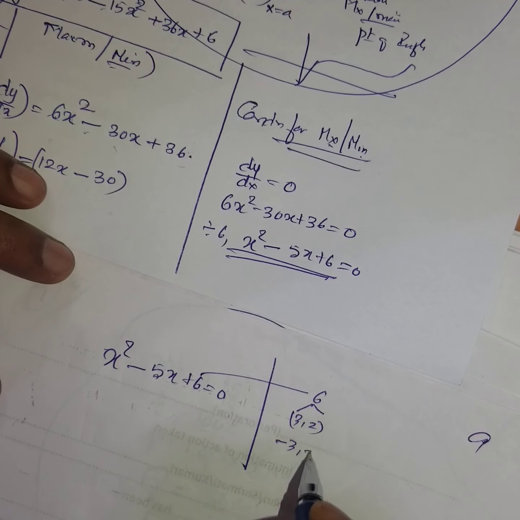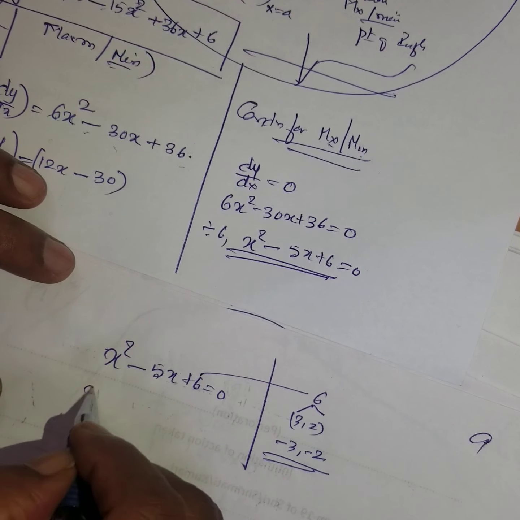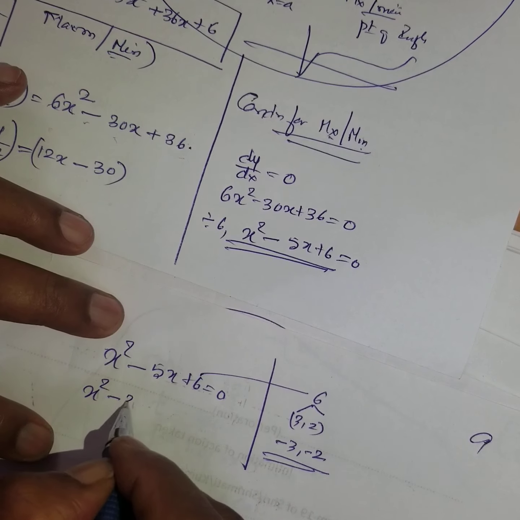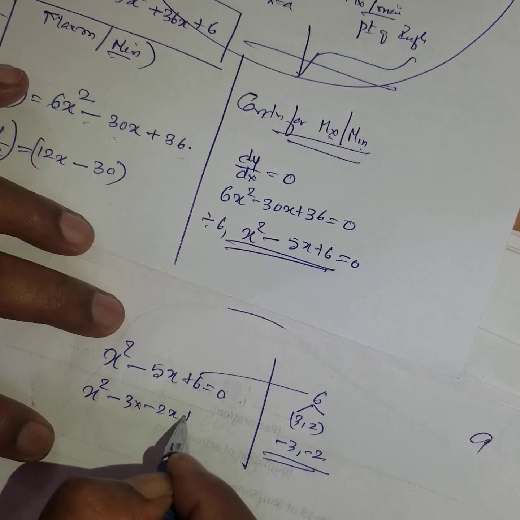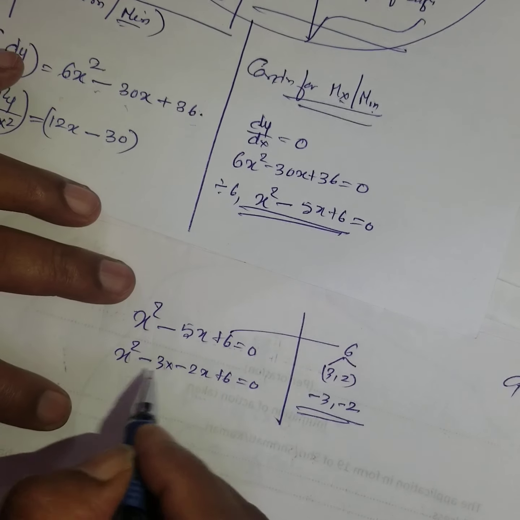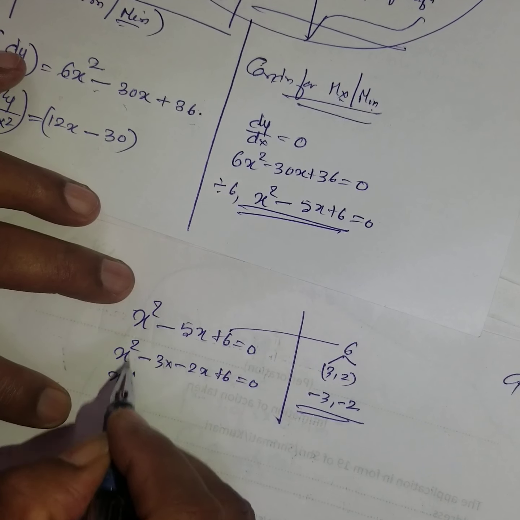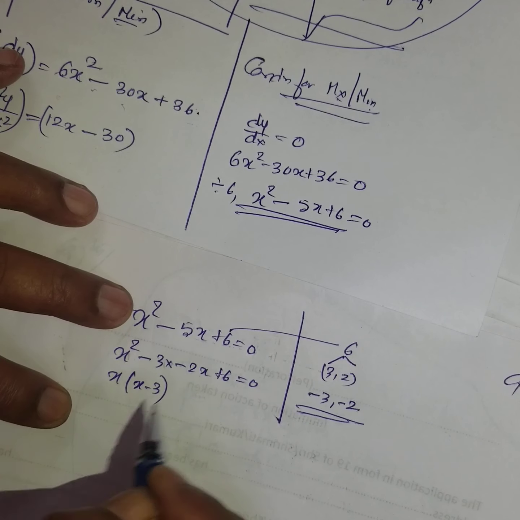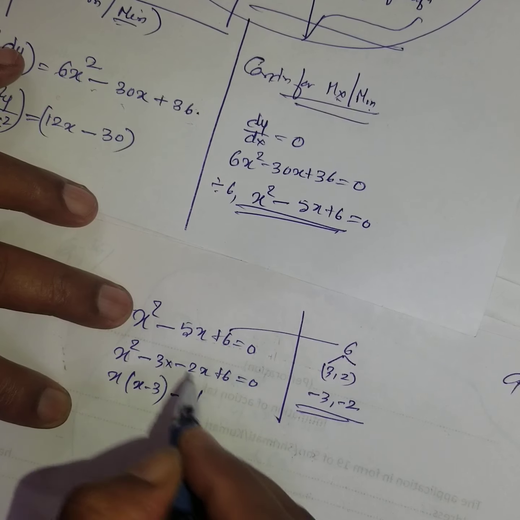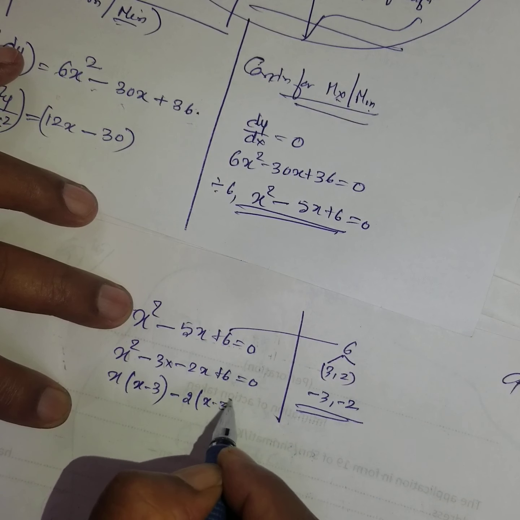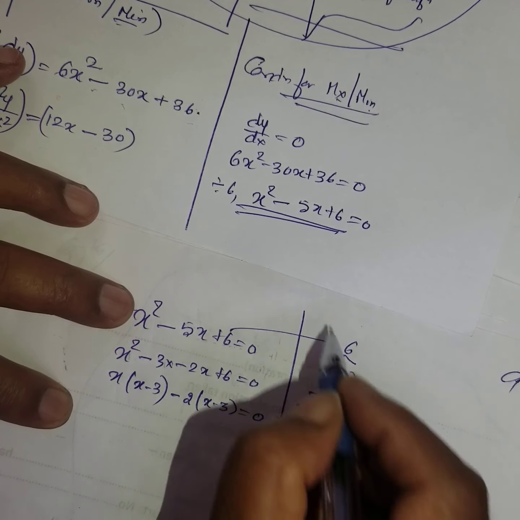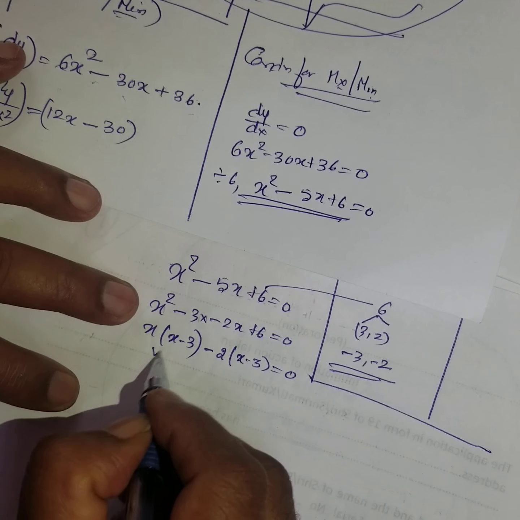Therefore minus 3 minus 2. Therefore x square minus 3x minus 2x plus 6 equal to 0. Here I take x common: x minus 3, here minus 2: x minus 3 equal to 0. Now which is the common factor here?